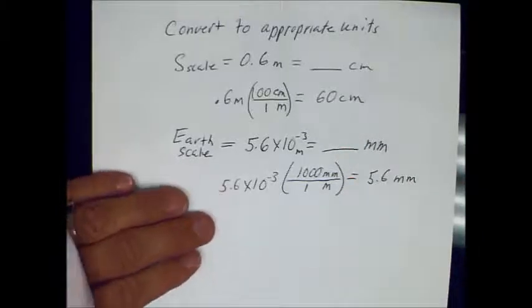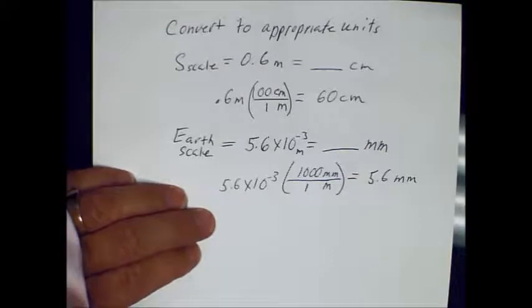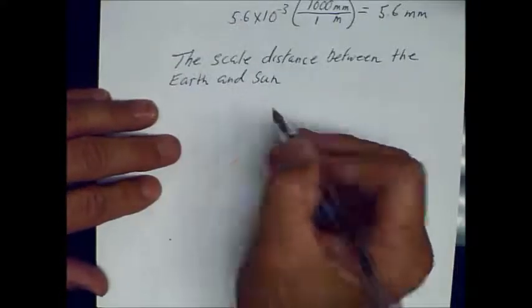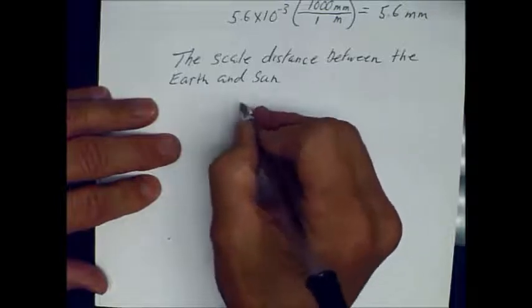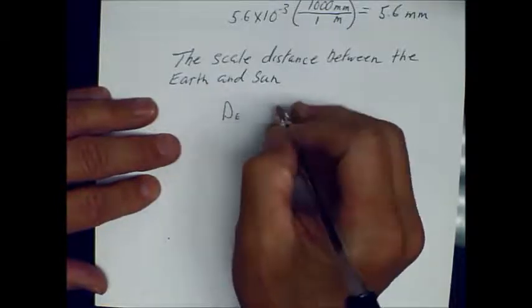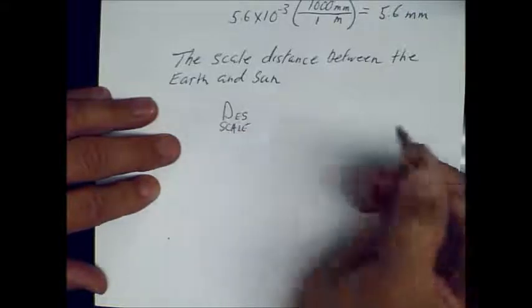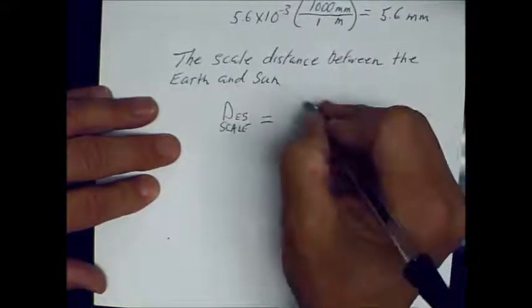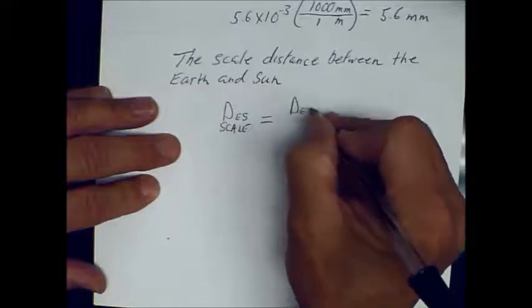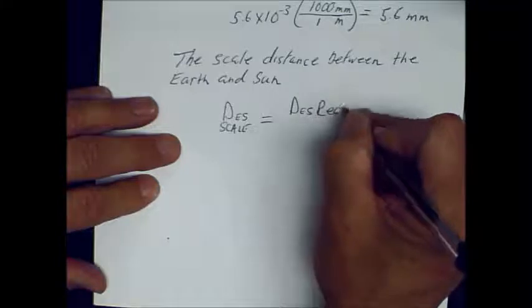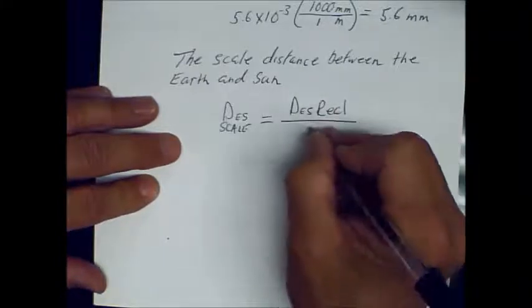All right, so we're moving on to the next bullet. Now we're moving on to the scale distance between the Earth and the Sun. The distance between the Earth and the Sun in the scale world is equal to the distance between the Earth and the Sun in the real world divided by the scale factor.